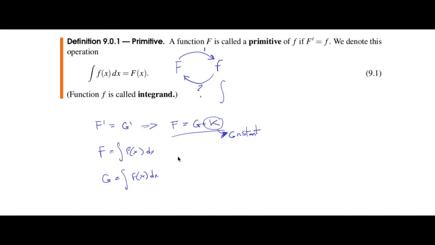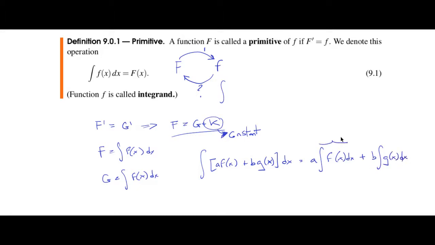Now, because the primitives are the opposite operation of the derivative, the primitives obey the same linear rules as the derivatives do. So, for instance, the primitive of af plus bg, dx, which we'll see what this means when we get to integrals next unit, is equal to a times the primitive of f plus b times the primitive of g.